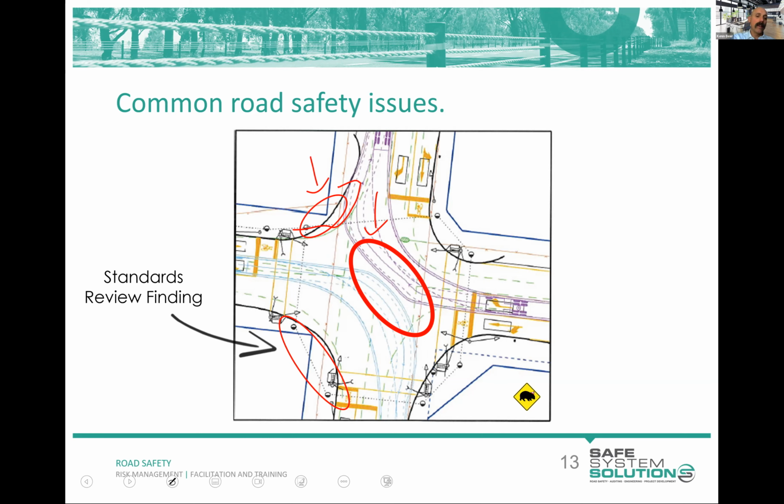The idea of the services running through a private property, that in its own right is more something you talk about in a standards review. I can't think of a way to make that a road safety issue. Thus, it's not our role to put it into a road safety audit, but you don't want that to happen. So I thought I'd put that in as a little example.